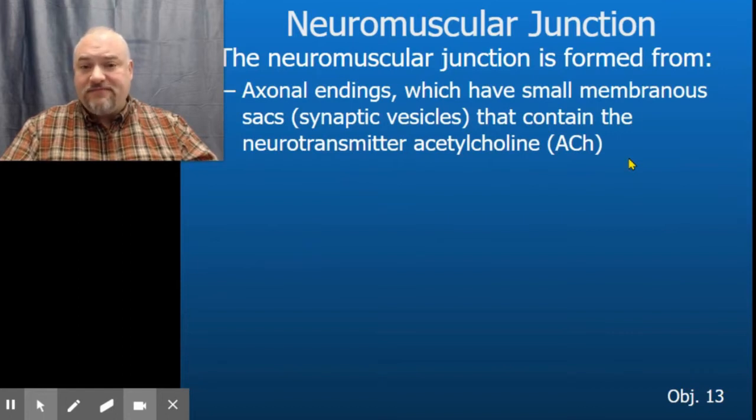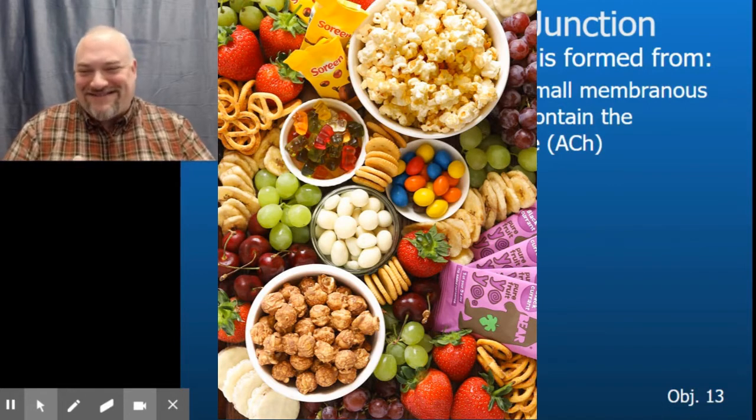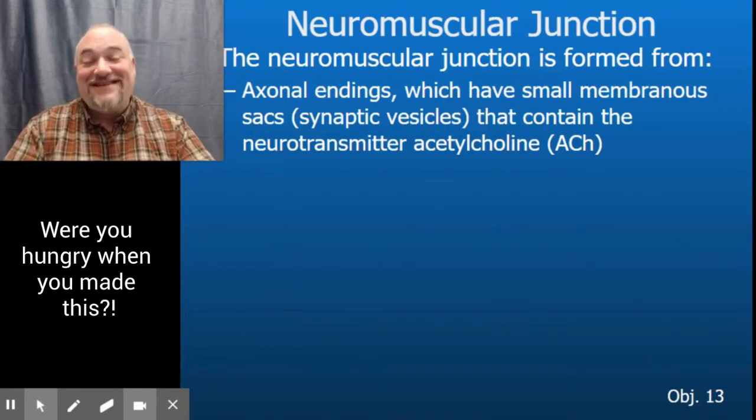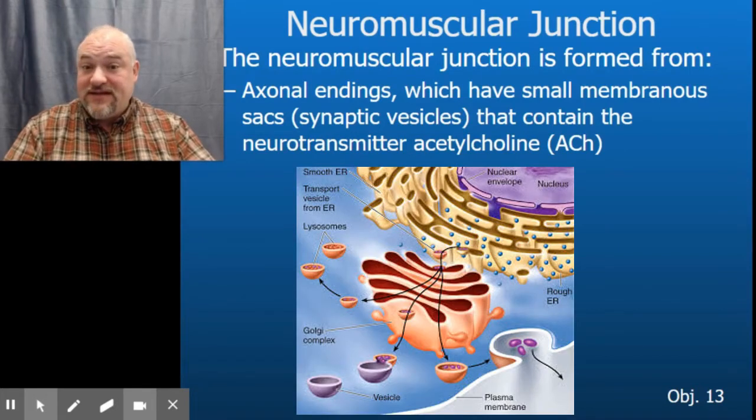So the axonal endings, when they get to the end, they're going to have small membranous sacs, not snacks, sacs called synaptic vesicles. These are basically part of the Golgi apparatus producing these in the cell, if you remember those from before, when we covered the membrane system.